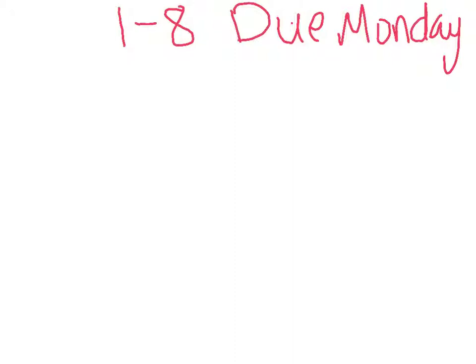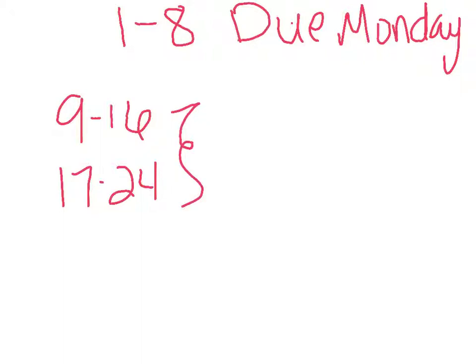I will let you do 9 through 16 as one grade replacement and 17 through 24 as another grade replacement, meaning these two, if you're going to do these, each one will be different, but they are both due Monday.